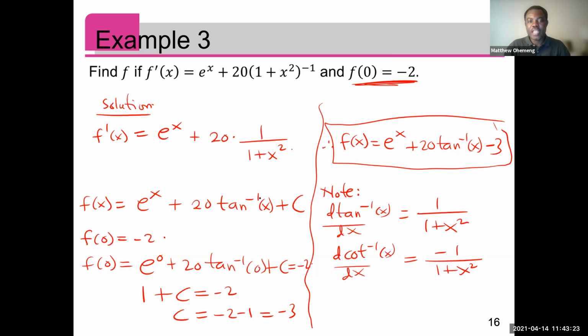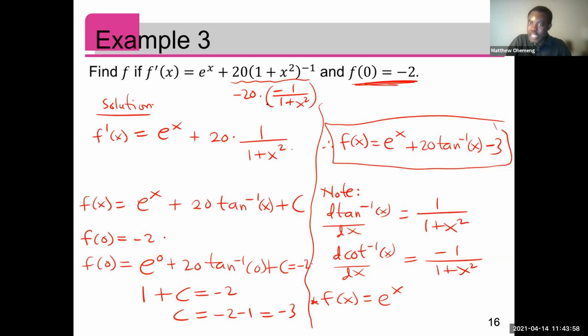So in this case, the antiderivative can have two forms. Someone could have also said, well, my antiderivative f(x) is equal to e to the x, which will be maintained. But when they get to the 20/(1 + x²), you can see 20 times 1/(1 + x²) as -20 times -1/(1 + x²).